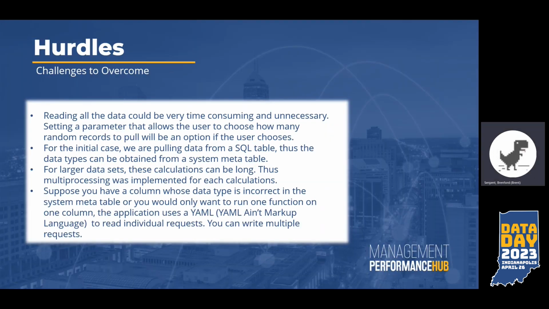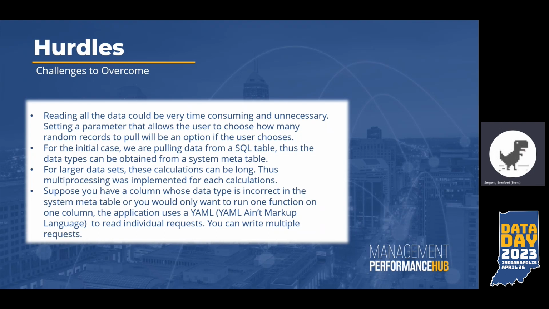Some hurdles we initially had to overcome were large datasets needing more memory than was available. In order to bypass this, we had to implement a sampling option. We also allowed the user to utilize a YAML file, which is a file that is used for configuring scripts like this, in order to allow a user to run a single calculation over a specified column in case they wanted to run over the entire column for a large data set, allowing the memory to be directed to that column.